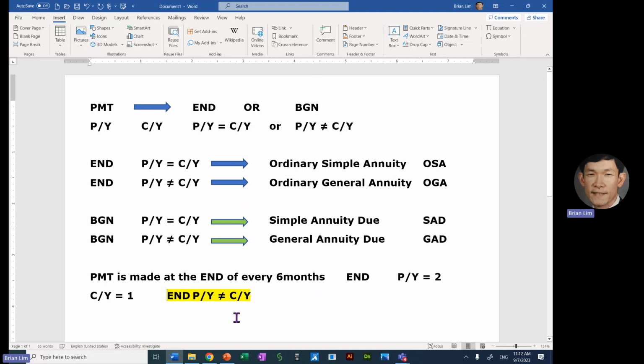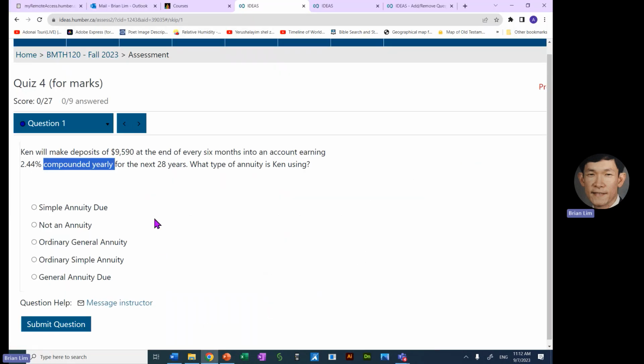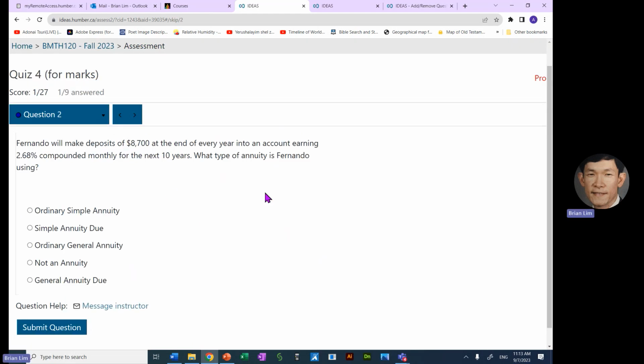There we go. And PY is not equal to CY. So we look for that up here, and it is right here. End, PY is not equal to CY, so this should be an ordinary general annuity. So we select ordinary general annuity, and it is correct. All right, let's try one more question.